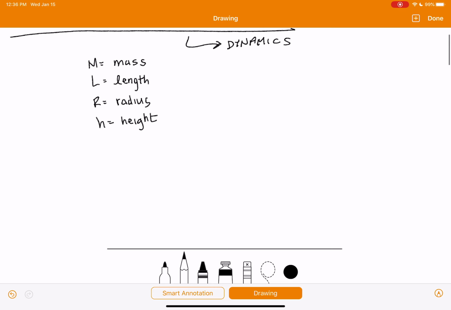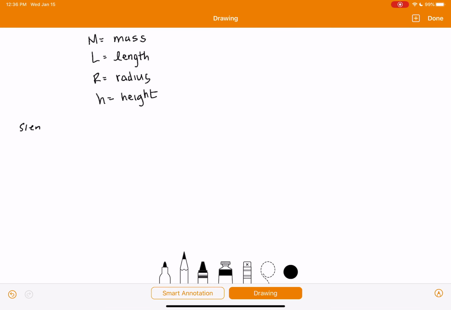For example, if you had a slender rod of a length of 2 inches, and it has a mass of 0.5 pounds, and we wanted to find the mass moment of inertia about the y-axis about its own centroid.